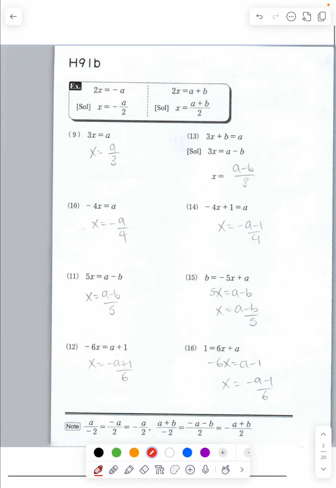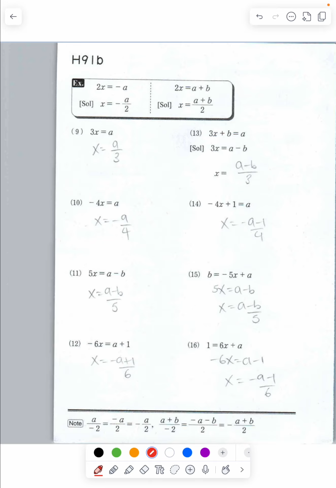Next one, we have to deal with a little bit of fractions as well. So 91b, without talking about the examples, do you want to try question number 15? So move things around first. Okay, I see. So you did 5x equal to a minus b.